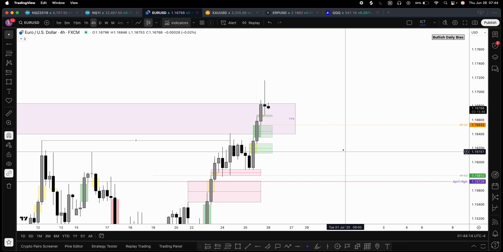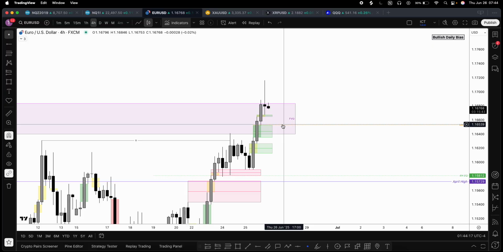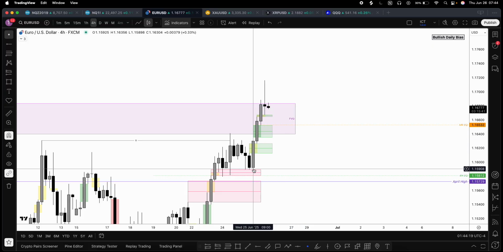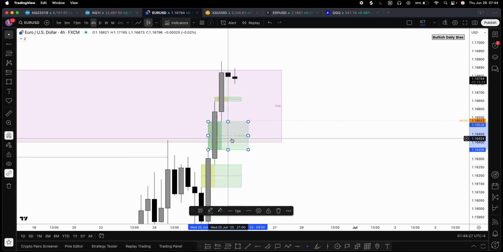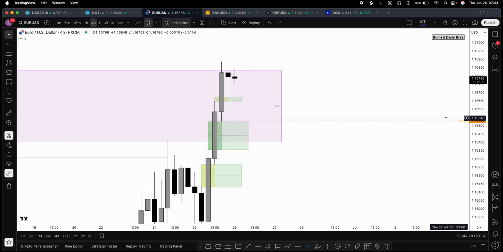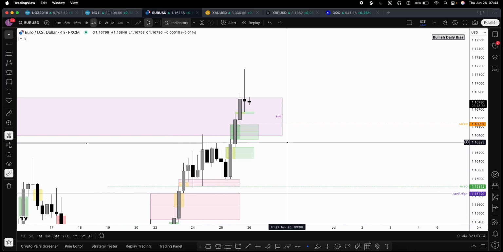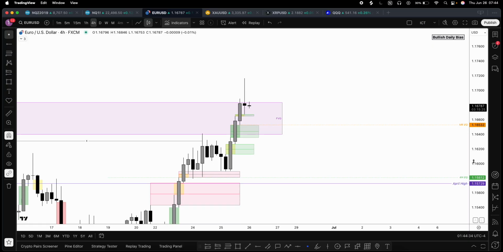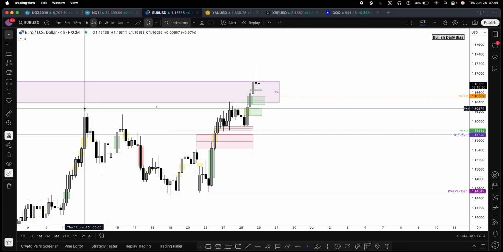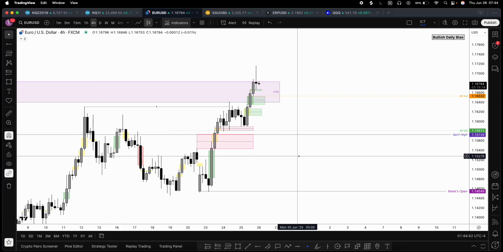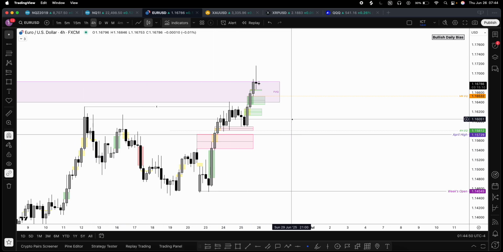So if we are going to come down, we'll probably come down to like the equilibrium of this most recent leg. So that happens to line up quite cleanly with this 4-hour fair value gap. So that's a good target for us if we want to go short. Okay. Plus we swept this high, we could be looking to short today, potentially.